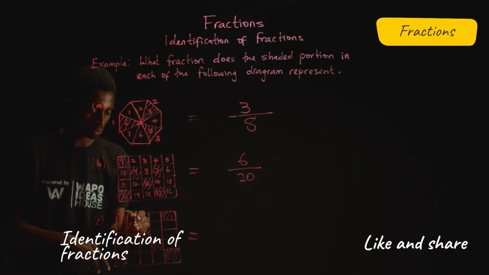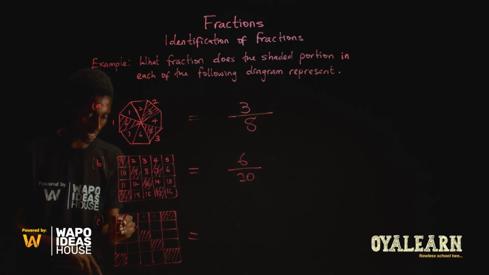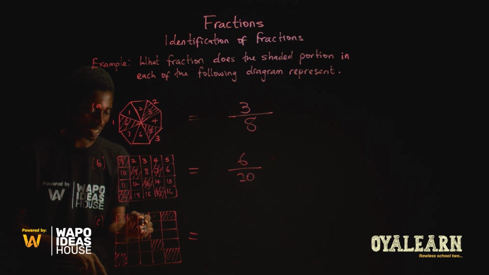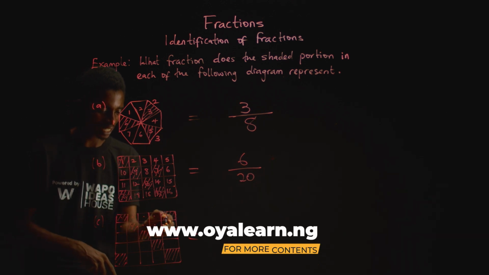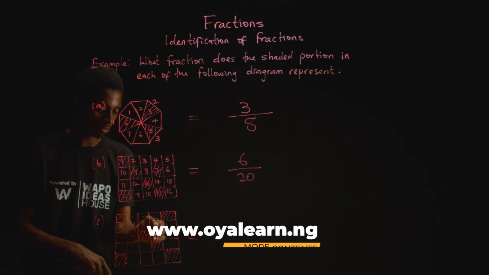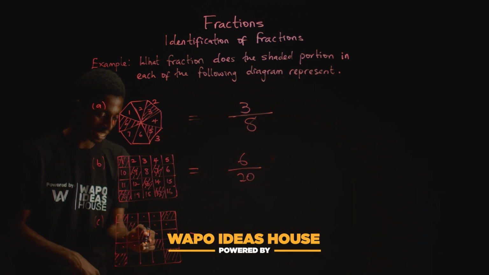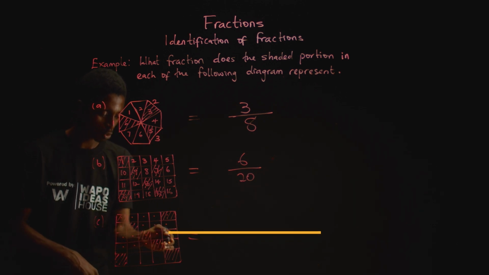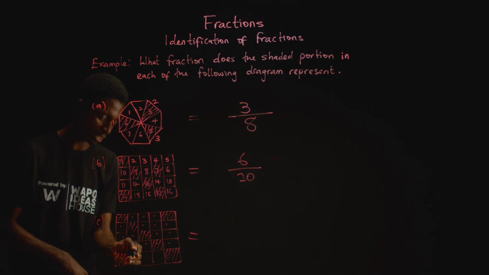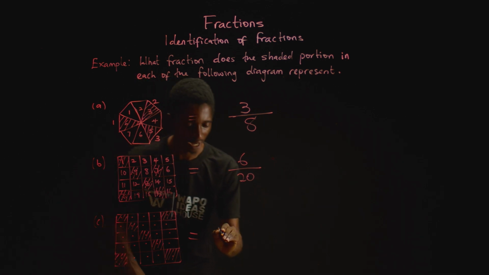And then to the third one, how many parts is it divided into? 1, 2, 3, 4, 5, 6, 7, 8, 9, 10, 11, 12, 13, 14, 15, 16, 17, 18, 19, 20, 21, 22, 23, 24, and 25.